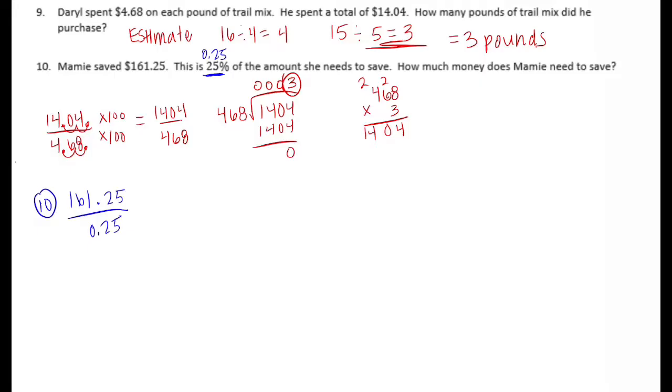25 hundredths. Let's estimate. Let's make this a whole number divisor because 25 hundredths is harder to estimate for. So let's make it a whole number. So move it 2 places, which would be times 100. So we get 25 and 16,125.